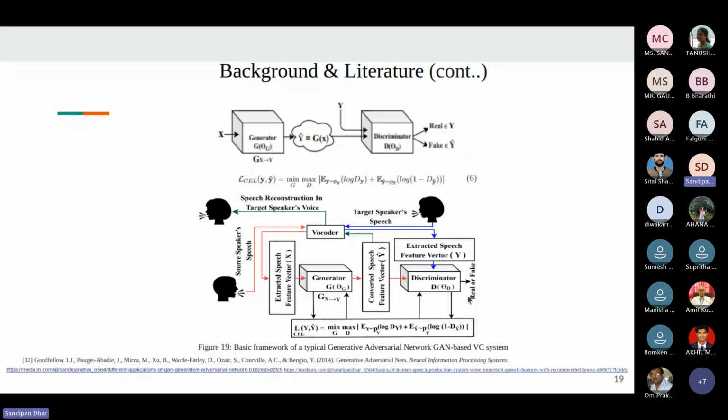Once you obtain the Nash equilibrium state, we simply give the converted features to the vocoder, and the vocoder tries to reconstruct audible speech in the target speaker's vocal texture. That's why you can see that the source speaker was a male speaker and the target one a female speaker. Once the training is done, the vocoder is capable enough to generate the target speaker's vocal features given any content of the source speaker.